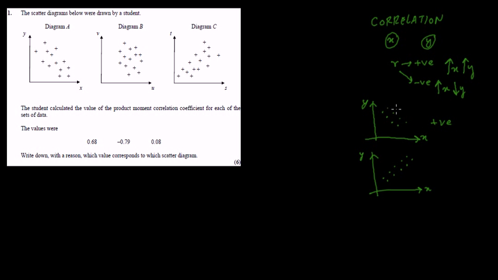No, the first one I made a mistake. The first one is negative correlation. Sorry about that. So this is going down, so it's a negative correlation, and this is going up, this is a positive correlation. And this one, where it seems to be randomly moving about, going nowhere in a circle, means there is no correlation. Usually when we have a value of 0.0 something, that means no correlation.